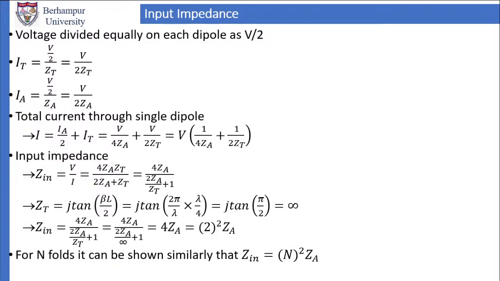This is exactly the same result that we found in the previous analysis. For n-fold, we can easily show, following the same method, that Zin is equal to n square into ZA. So this is how we find the input impedance of a folded dipole antenna. If you want physical insight, you follow the second method.